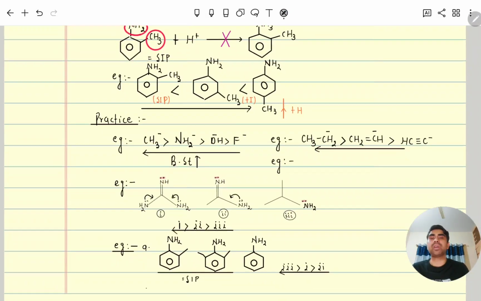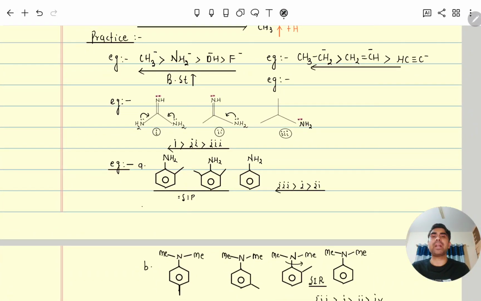Next, moving further, here you can see that all those are conjugate bases. So basic strength will be higher for which one? Carbon is less electronegative, so its tendency to give a lone pair will be more. Whereas fluorine is more electronegative, so its tendency to give, its nucleophilicity, is less, its basic strength is less. So basic strength is higher for carbon.